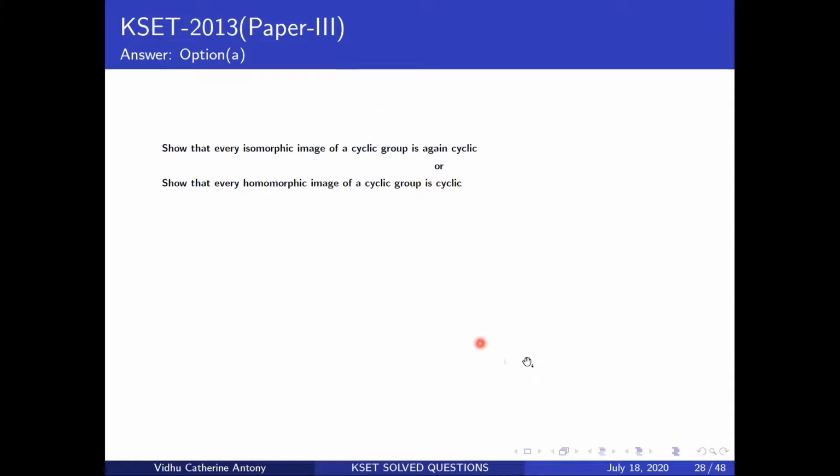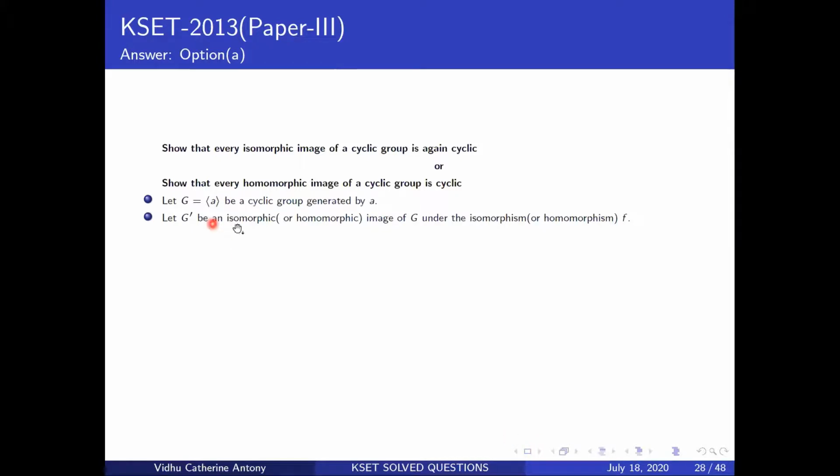Okay, so let's look at this. Let G be generated by a, and then you have G prime, which is an isomorphic or homomorphic image. I'm going to put that in if you need to prove it for a homomorphism. You look at the image of G under the isomorphism or homomorphism f, so you're going from G to G prime.